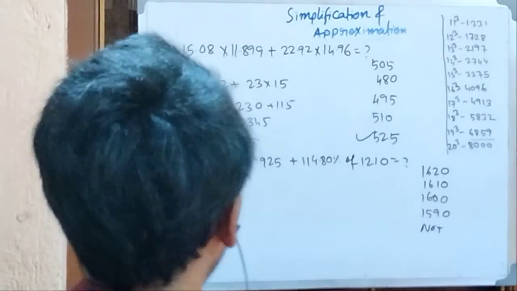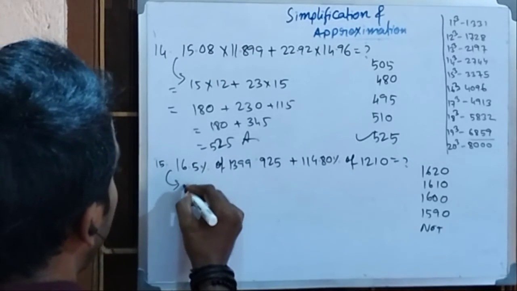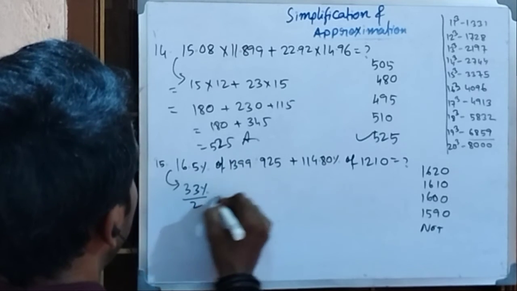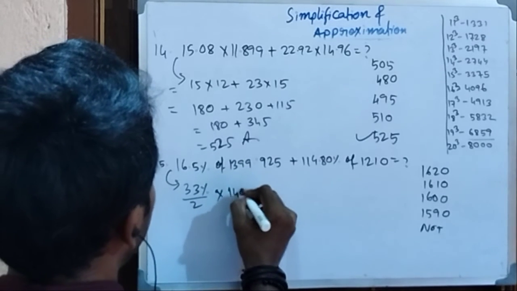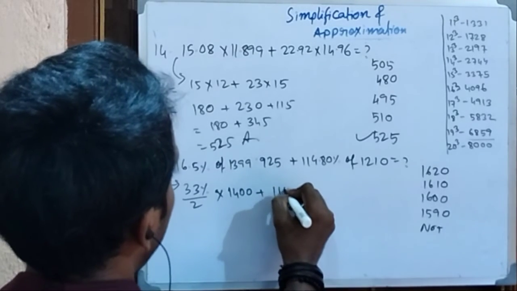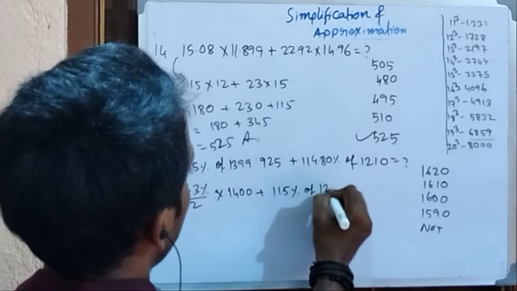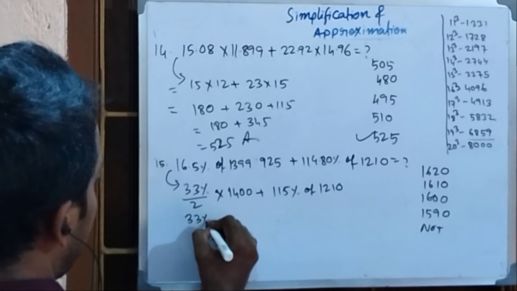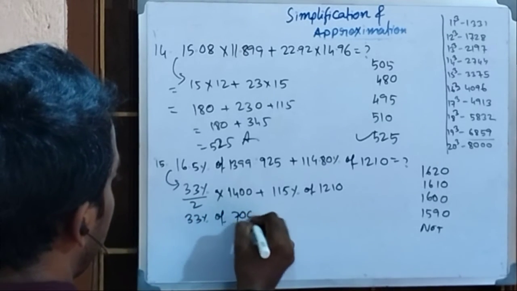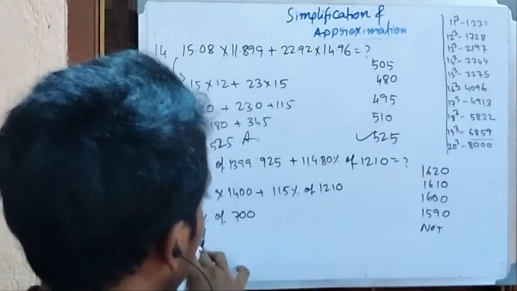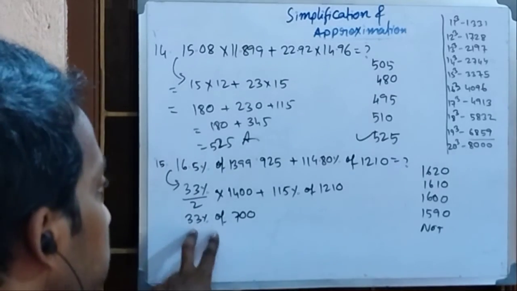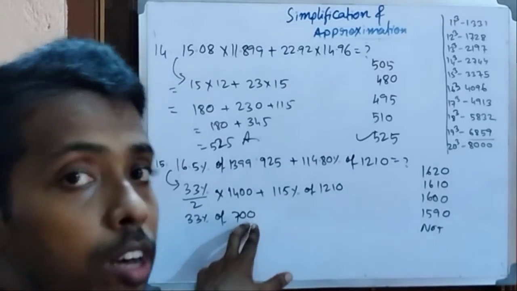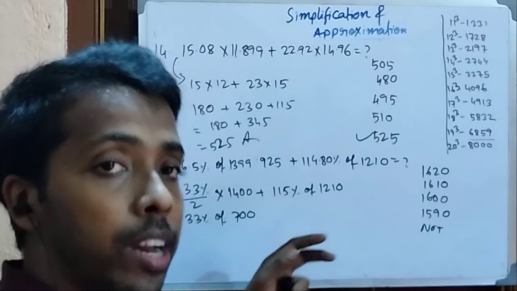Okay? Right. So 16.5%, I am taking 33% of, just 33 by 2 of 1400 plus 115% of 1210. 33% of 700. Okay, or I can say 33% again, in a particular form I am able to make it, right? So 33% of 700. Conversely, I can also say 700% of 33.